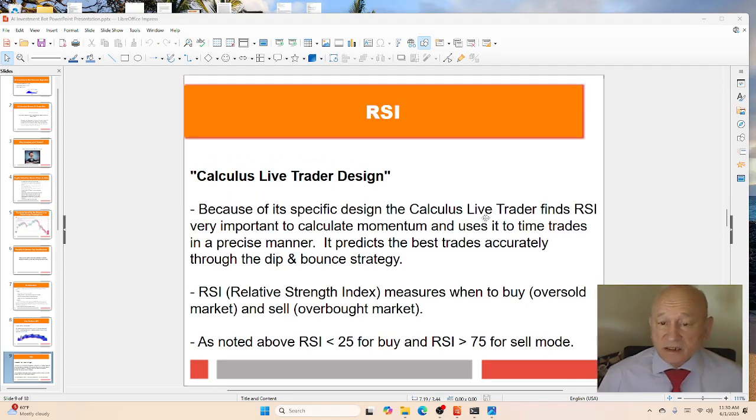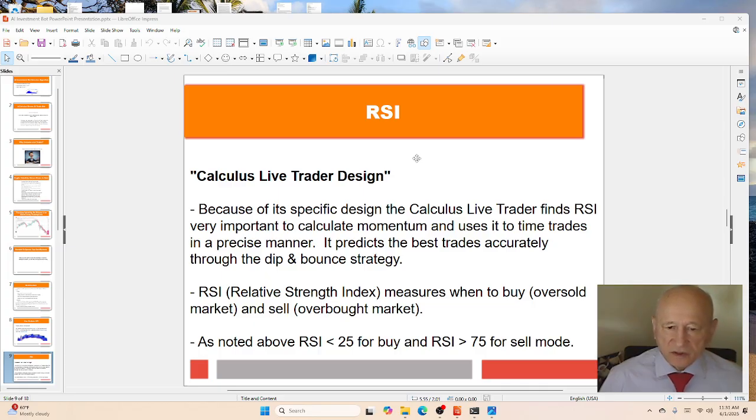As you can see, you can choose Apple, Microsoft, NVIDIA, and so on. The RSI is an important indicator. It's called the relative strength indicator. It measures the market gains over the market losses and presents the measurement in a way that the user can read it for choosing overbought or oversold markets.